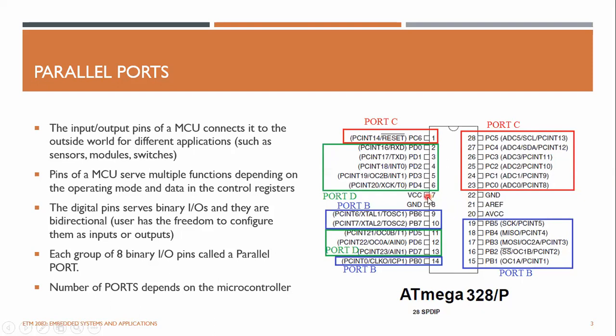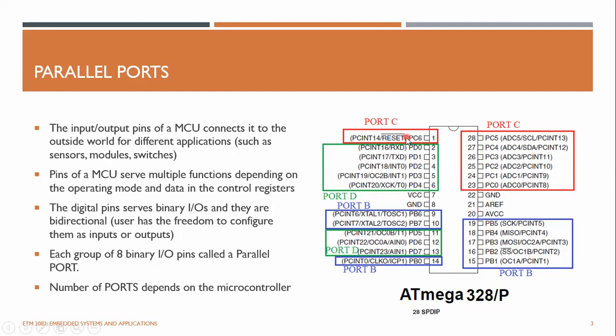Sometimes you can directly couple this AVCC and VCC and ground, and this analog and digital ground. And AREF is a reference for the analog channel. So these 5 pins are dedicated for power supply and analog to digital conversion purposes.